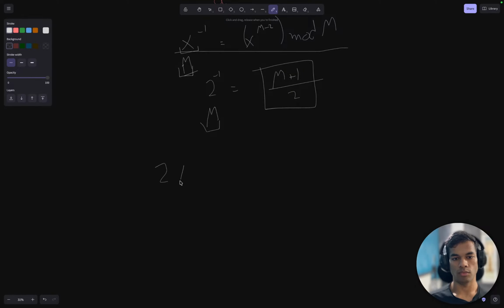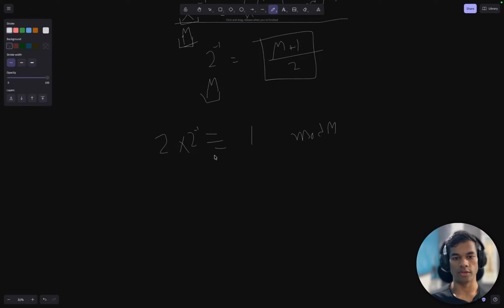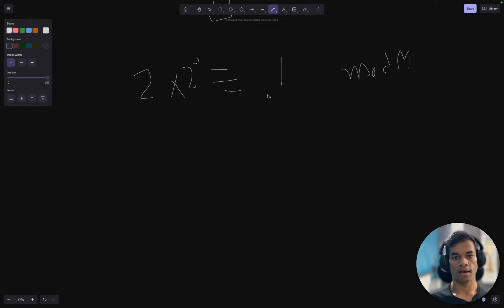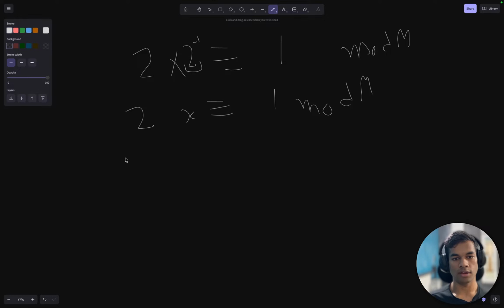that if I have 2 multiplied by 2's modular inverse, that is going to give me 1 mod m. This is the congruency, and we can write the inverse as x. So 2x is congruent to 1 mod m, and if we take this to the left side, we can write 2x minus 1 is congruent to 0 mod m.